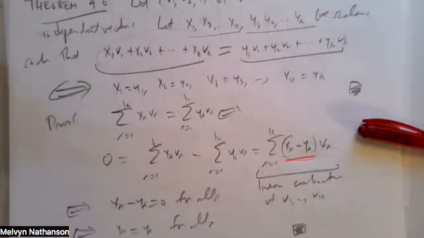All we know about the vector space is that there are operations of vector addition and scalar multiplication, and these operations satisfy the nice properties that we would like to see. Associativity, commutativity, distributivity, and so forth.